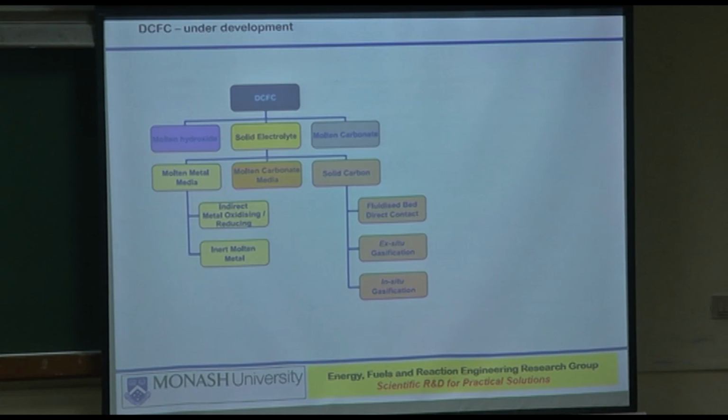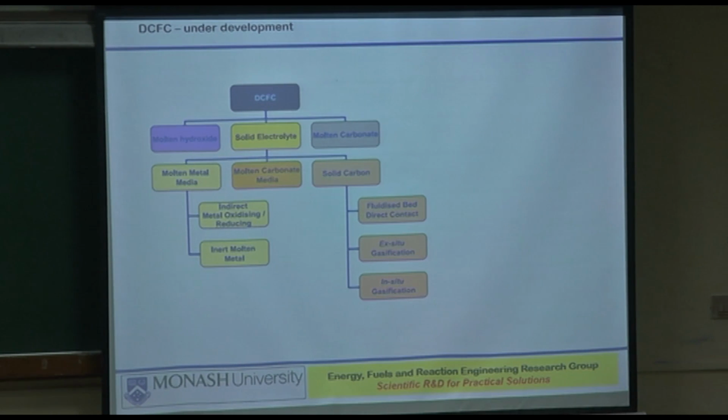So there are few types of DCFCs that are under development under the main heading of DCFC right at the top. The second layer is different types of electrolytes, which we have mentioned. And for the different types of electrolytes, take the solid electrolytes, you then have the different media.